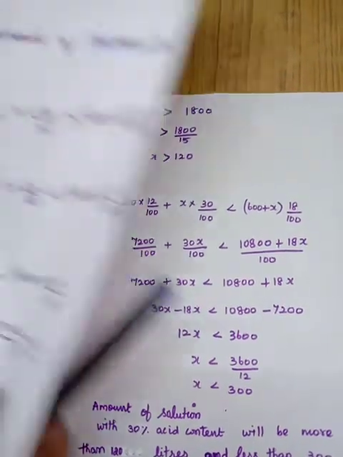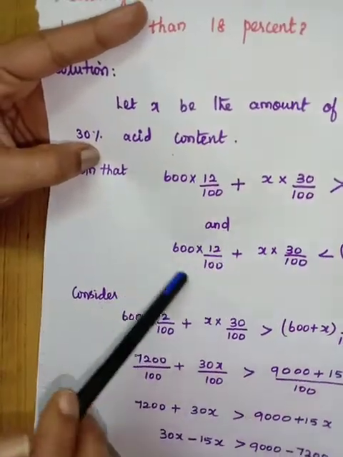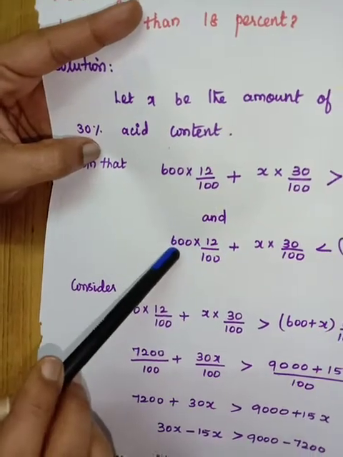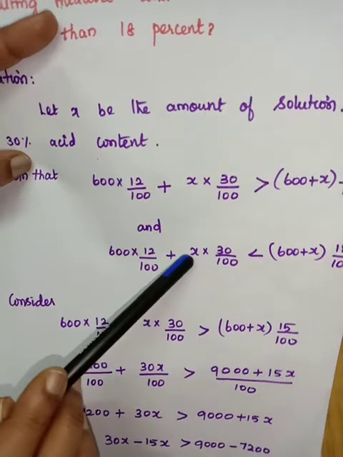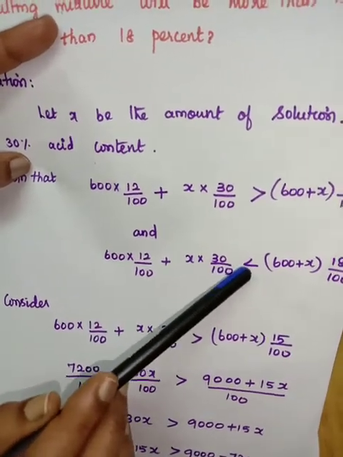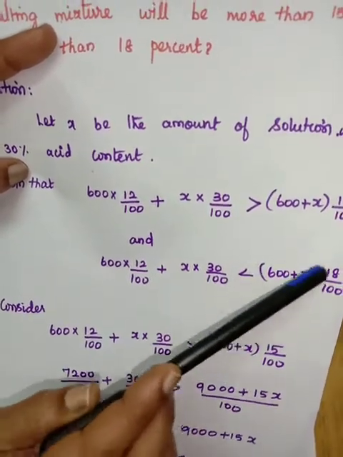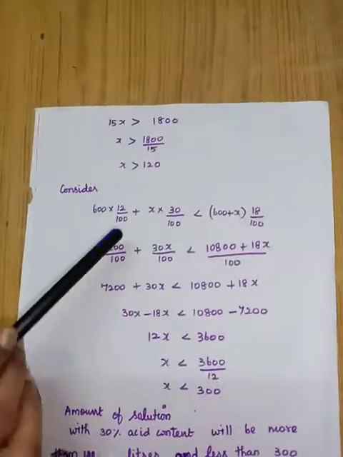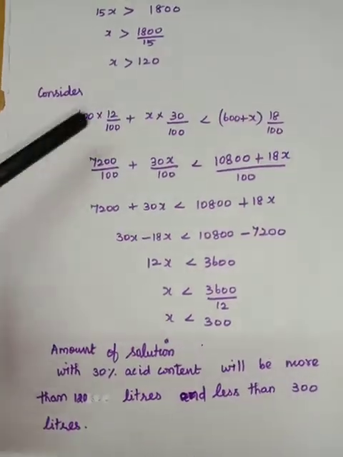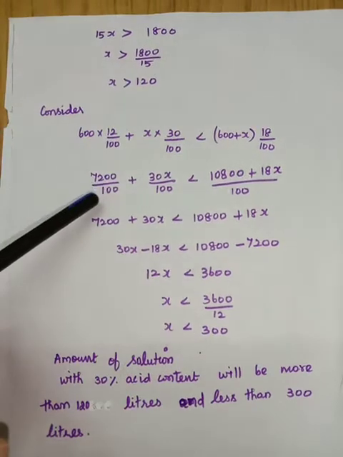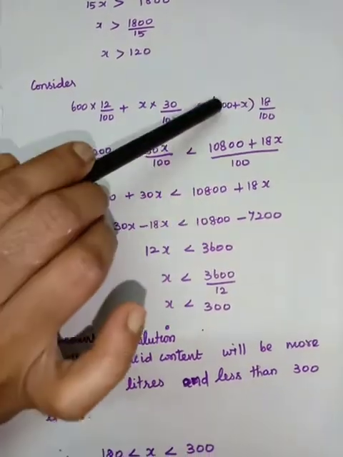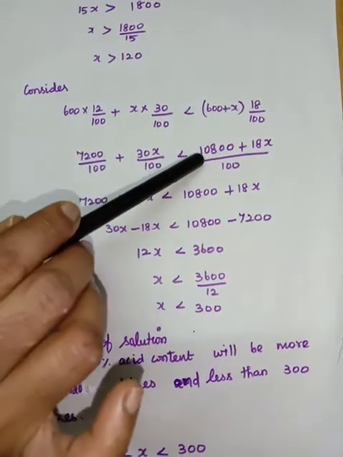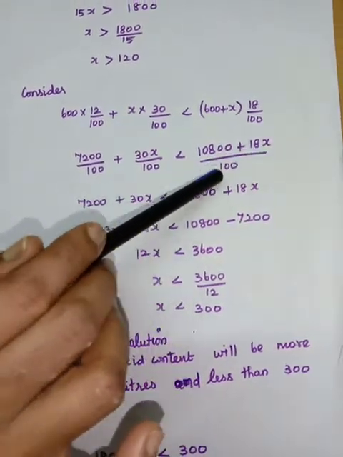Take the next one. You see that 12% of 600 liters and 30% of x liters is less than 18% of the resulting mixture. Consider that equation, and the same way multiply: 7200 divided by 100 plus 30x divided by 100 is less than 600 into 18, which is 10,800, plus 18x divided by 100.